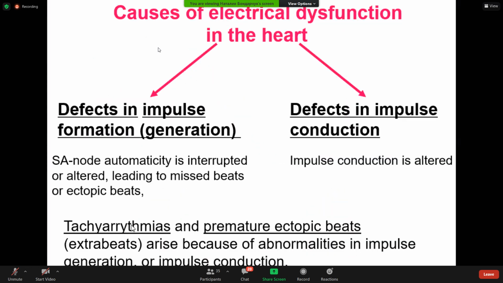So, causes of electrical dysfunction in the heart: defects in impulse formation, generation, where sinoatrial node automaticity is interrupted or altered, leading to missed beats or ectopic beats, and defects in impulse conduction, which means the impulse conduction is altered. Tachyarrhythmias and premature ectopic beats, extra beats, arise because of abnormalities in impulse generation or impulse conduction.